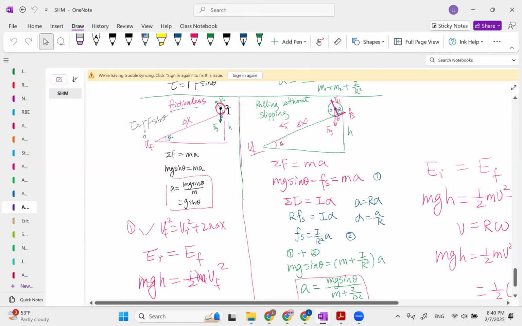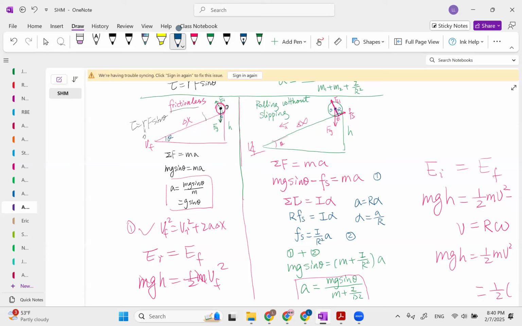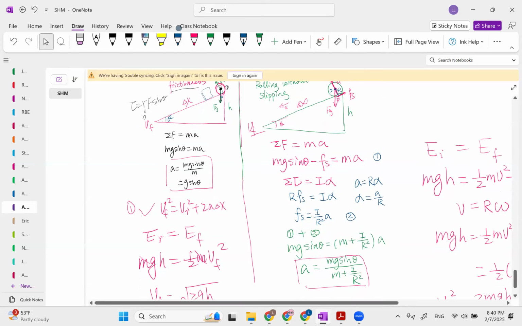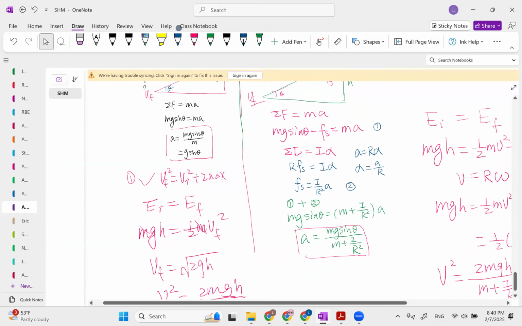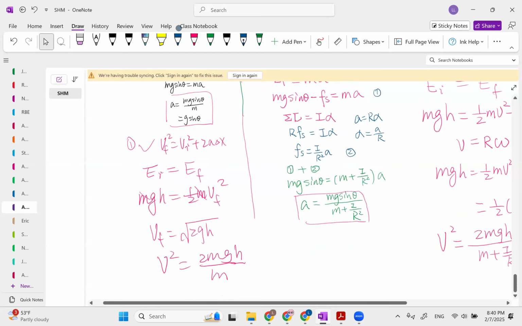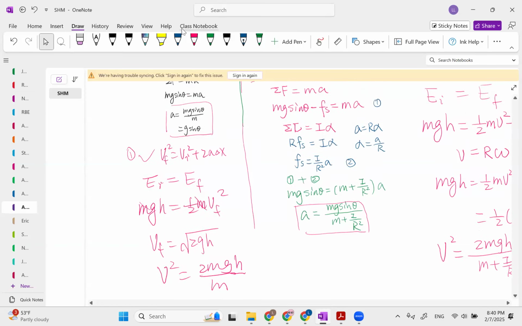Remember, if you have a sphere or a block going down frictionless, that will be the same thing, right? If you put a block here, it will be the same thing. And remember how to set up the equation to find the acceleration and the final speed. You can use the kinematic equation or use energy conservation. Does it make sense?